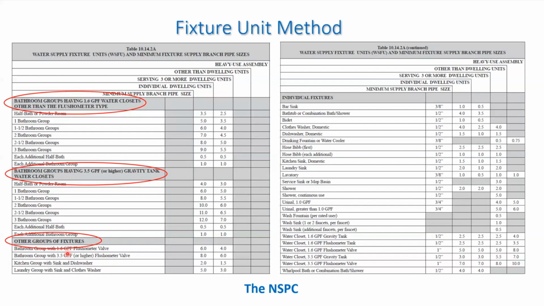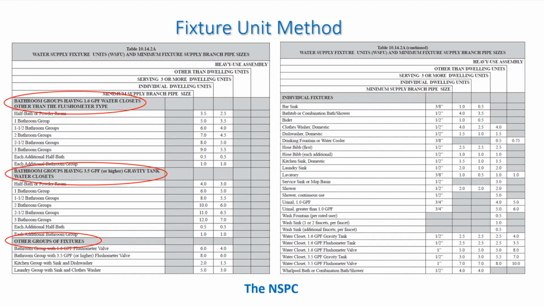At the very bottom, you see a kitchen group and a laundry group where the fixtures are grouped together, and as a grouping, they're assigned a single fixture unit value. They also have another table that shows individual fixtures with individual fixture unit values.